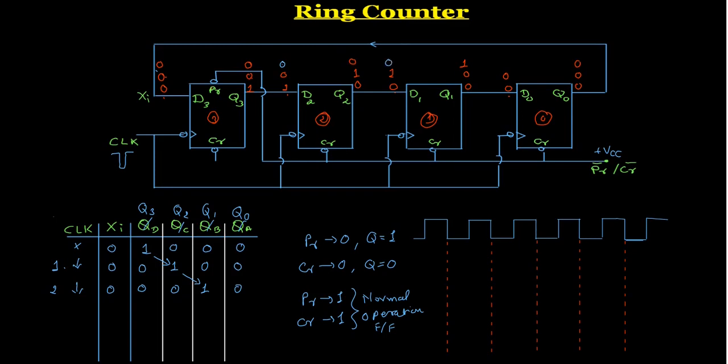So here we will write D1. Then this high level at the output of Q1 is an input for D0, so it is a 1 here, and this 0 is the input for this. So now we applied a third negative edge, or the third clock pulse.